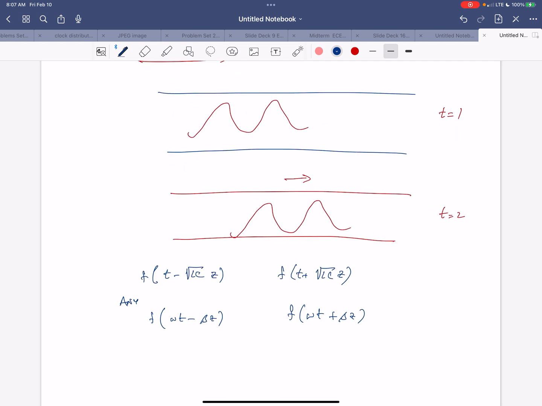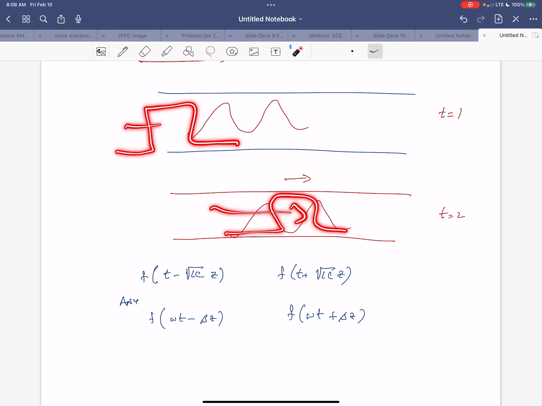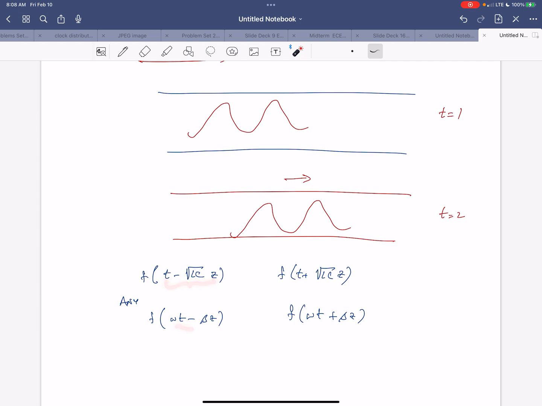So I could launch, I drew a sine or cosine wave in this, but I could draw any kind of wave, and that would be the shape of the wave, the f. As long as the inside of this function was this formula, then you would have a traveling wave. Okay, and this is satisfied by our transmission line.